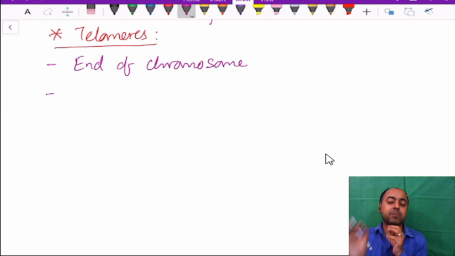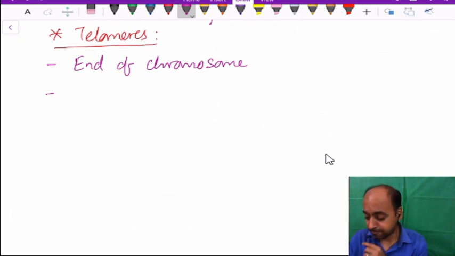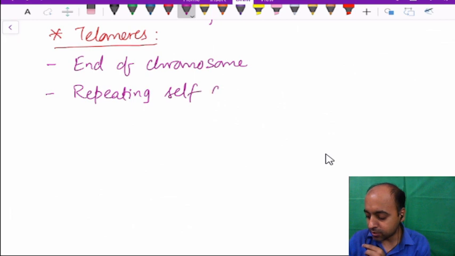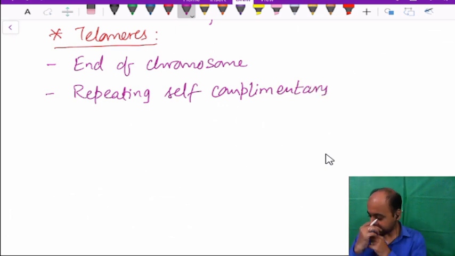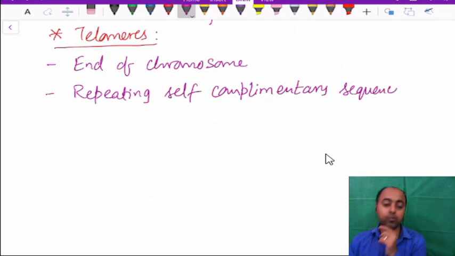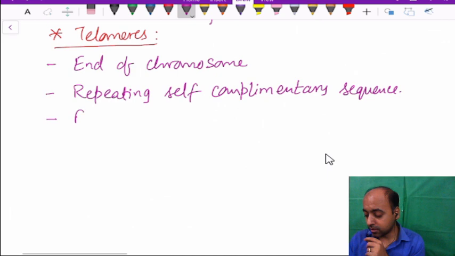It has a very specific sequence. It has a repeating self complementary sequence. We'll see what is the importance of this repeating self complementary sequence and what are its functions.